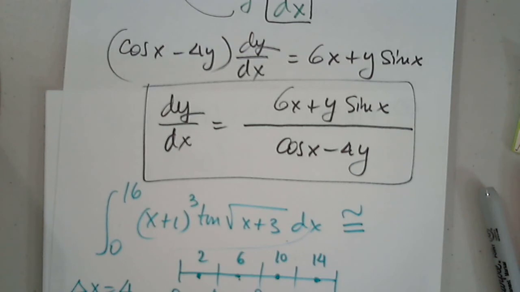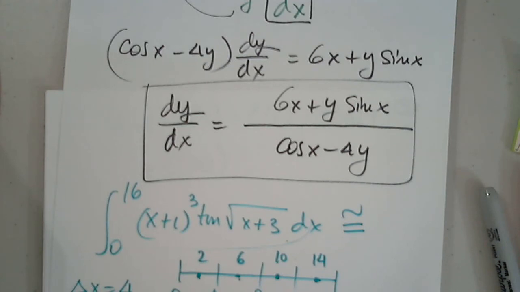Plus. Now we plug in 10. 10 plus 1, 11. Plus 11 to the third power. And then tangent again. And this is 10 plus 3, the square root of 13. And close.